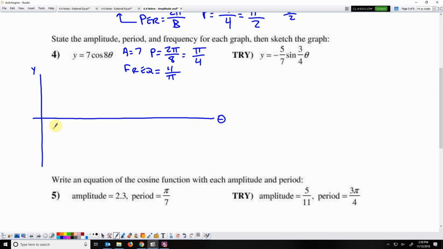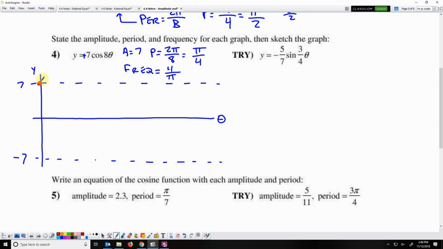The amplitude is 7, which means the maximum is going to be 7, and the minimum is going to be negative 7. As a cosine graph, it will start either at the maximum or the minimum, and since this right here is positive, it will start at the maximum.